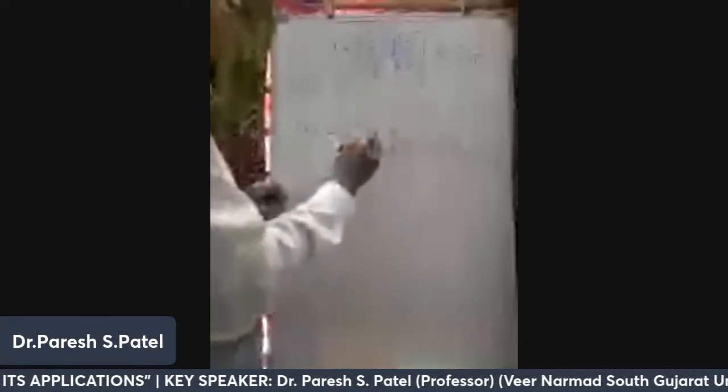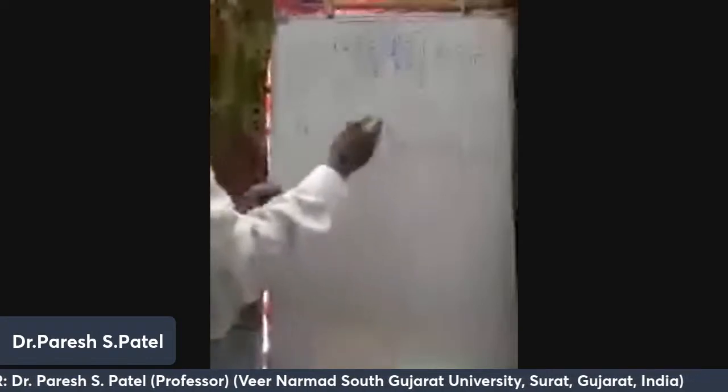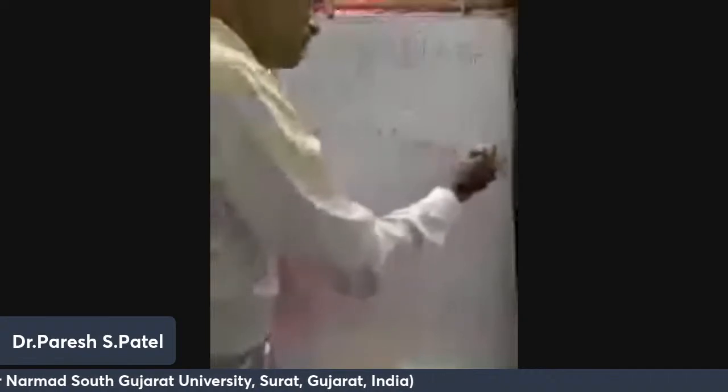Just a minute, it should be 1 and 0. So the value is minus 3. So the value for C31 is equal to minus 3.